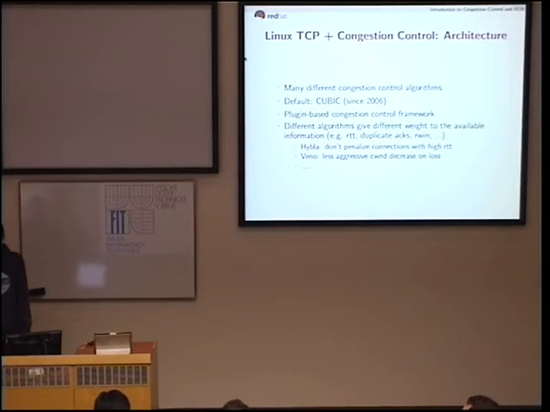The default is cubic, which is a one-size-fits-all solution and tries to be fair in all possible scenarios. But if you have particular knowledge of your network, like it's a wireless network, then you can change to a different algorithm like Vegas or Hybla, which have different properties. Hybla, for instance, is especially designed for satellite networks where you have very long delays, so it will not put extra penalties on connections that have such high delays.